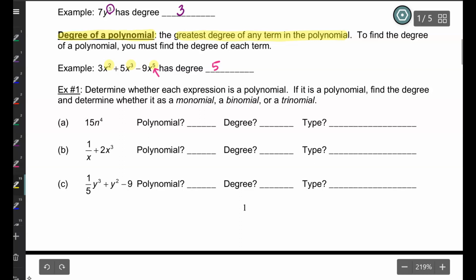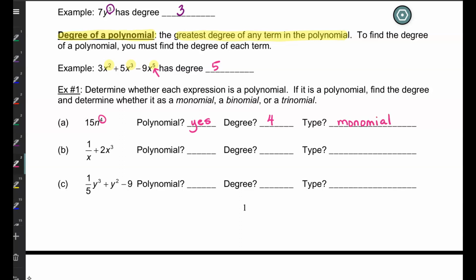It's got a coefficient, which is fine. So yes, this is a polynomial. The degree, we look at the exponent, that's 4. And then the type, so notice there's no addition or subtraction signs involved. So this is one term. This is a monomial.